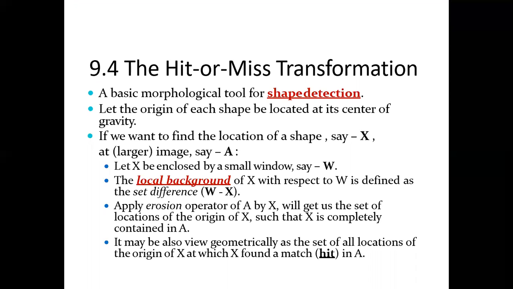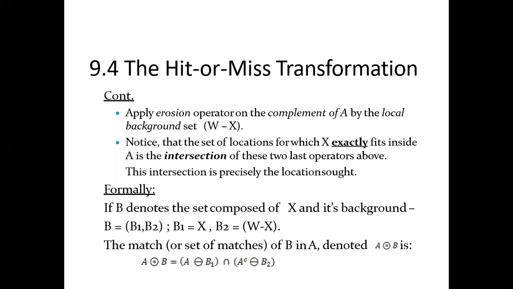If we want to find the location of a shape, say X, in a larger image, say A, let X be enclosed by a small window, say W. The local background of X with respect to W is defined as the set difference W minus X. Applying the erosion operator of A by X gives the set of locations of the origin of X such that X is completely contained in A. It may also be viewed geometrically as the set of all locations of the origin of X at which X finds a match, a hit, in A. Then apply the erosion operator on the complement of A by the local background set, W minus X. Notice that the set of locations for which X exactly fits inside A is the intersection of these two last operations. Formally it is denoted like this.